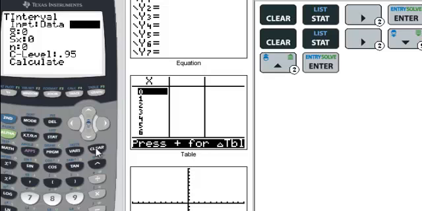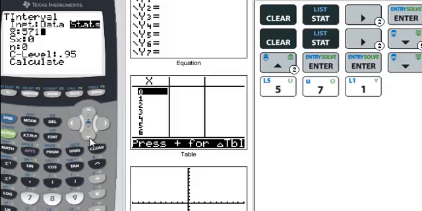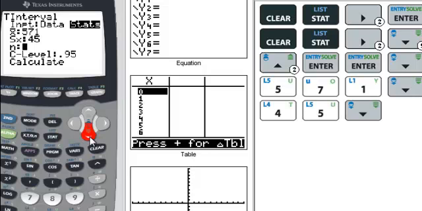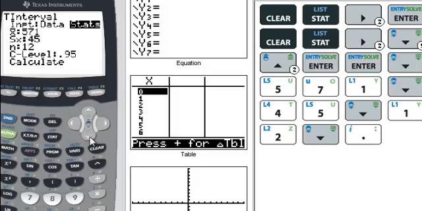And we need to input some stuff. We'll do stats. We'll go down to x bar is 571. We have s is equal to 45. n is 12. Confidence level is 90. And we go down to calculate.